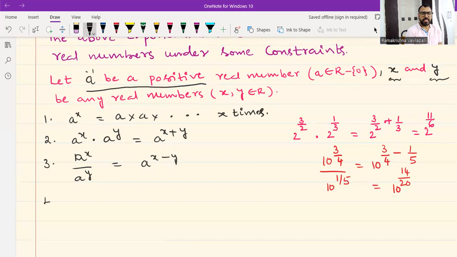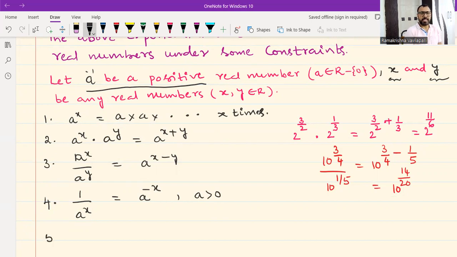The fourth rule is that 1 by a^x, I can write a^(-x). Remember, we have taken that in all these cases, a is greater than 0. There is no restriction on the powers.